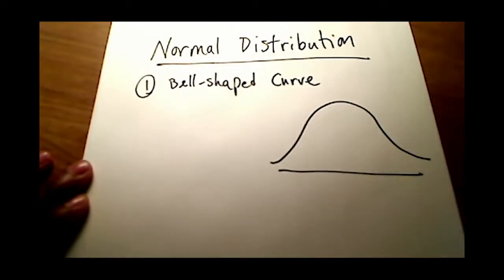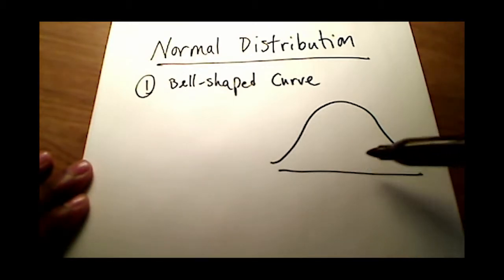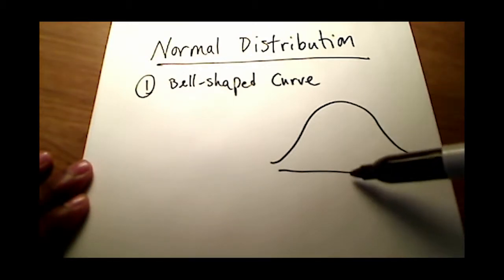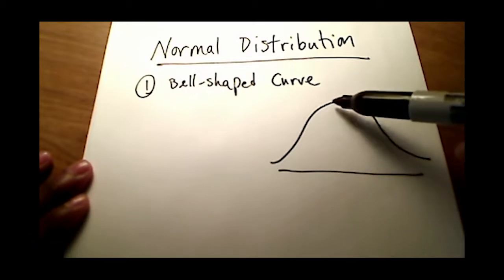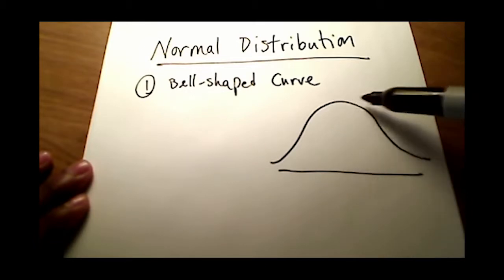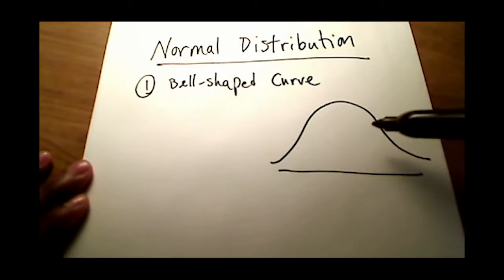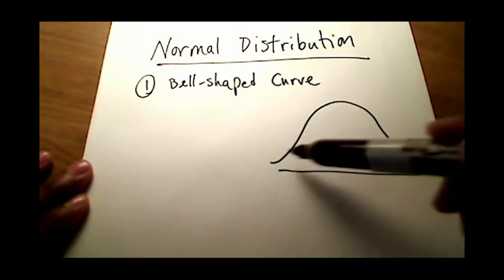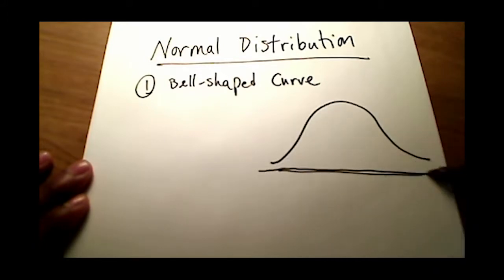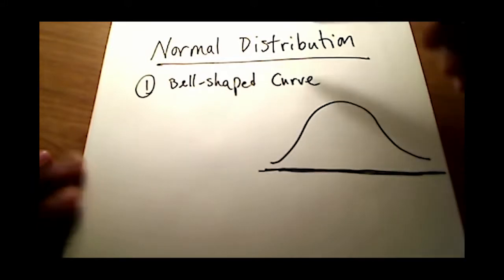It's a bell-shaped curve, okay? That means that the mean, which is kind of sitting right here in the middle, has the most data that's sitting around it on either side of the mean. I'll talk a little bit more about that later. But definitely, bell-shaped curve is one of the first things that should come to mind when you read that word normal.